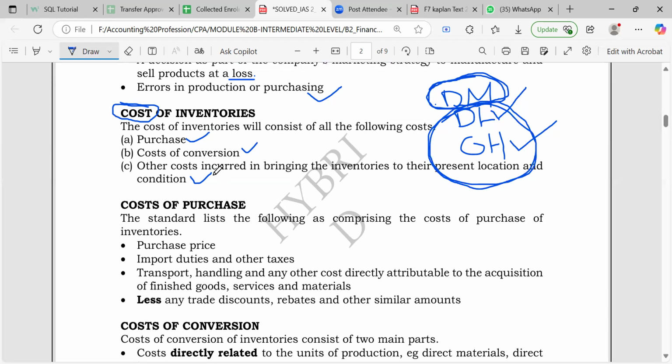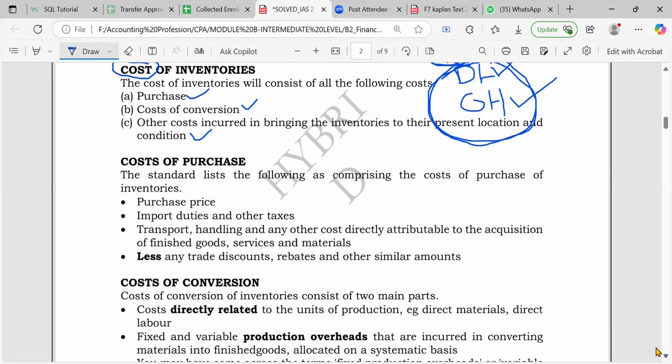Maybe you have received the materials and transported them from one place to another. Although that could also be incorporated directly into the purchase, you could still have other costs which have been directly specified, incurred to make the asset actually be in its present location and condition.